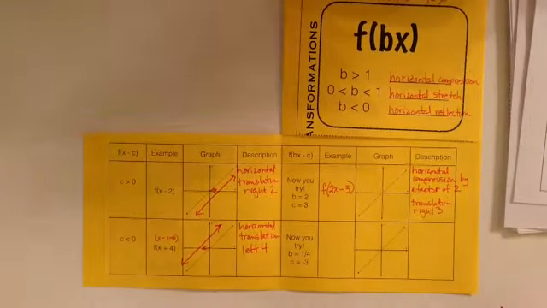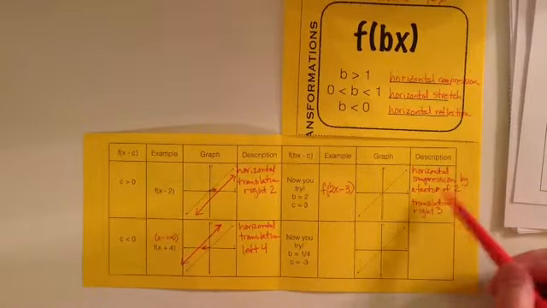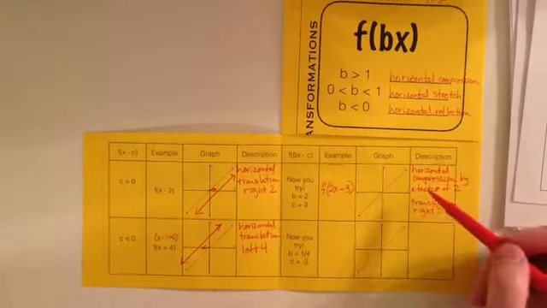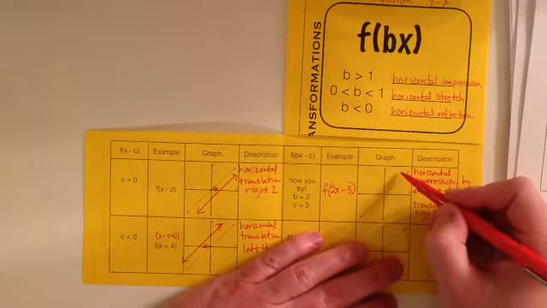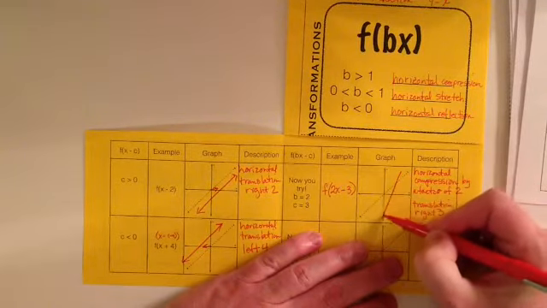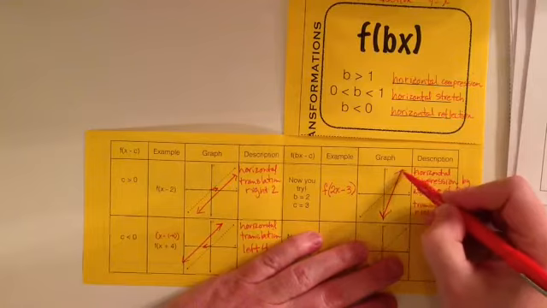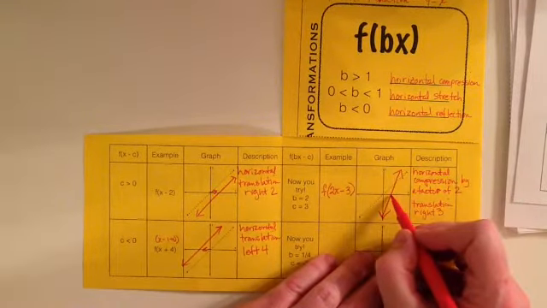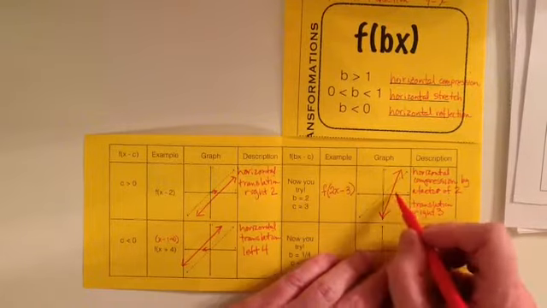Okay? So I know it's a compression, which means the line is going to get closer to the y-axis, plus I'm moving it to the right 3, so it's going to be something like this. I compressed it to get it closer to the y-axis, and then I moved the entire line across 3 spaces to make the translation to the right.